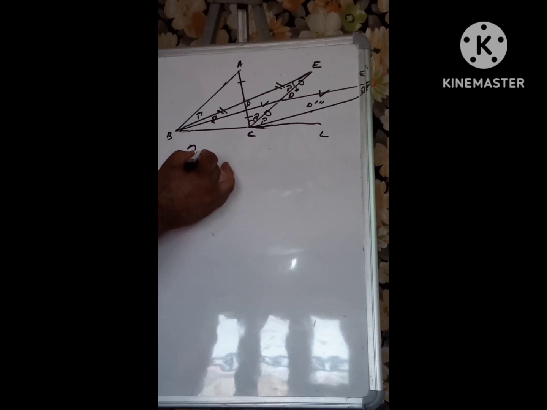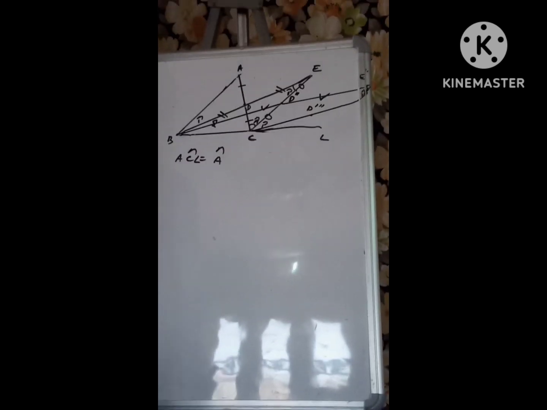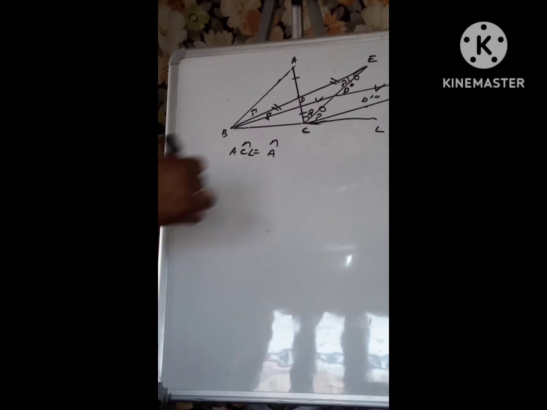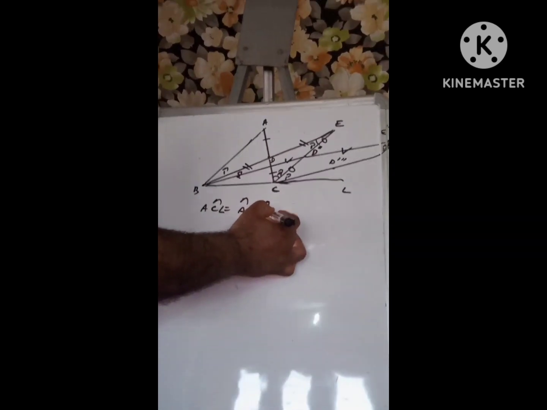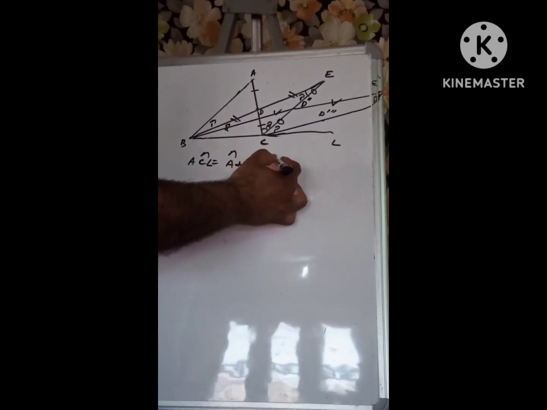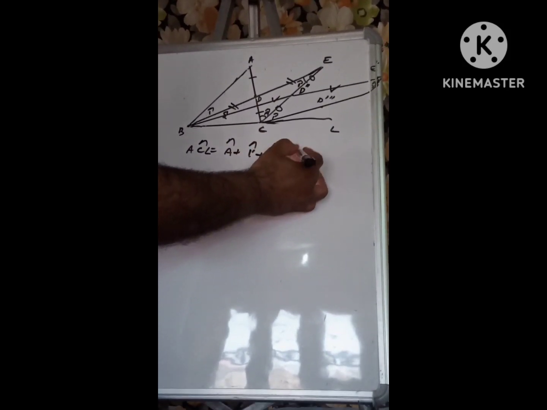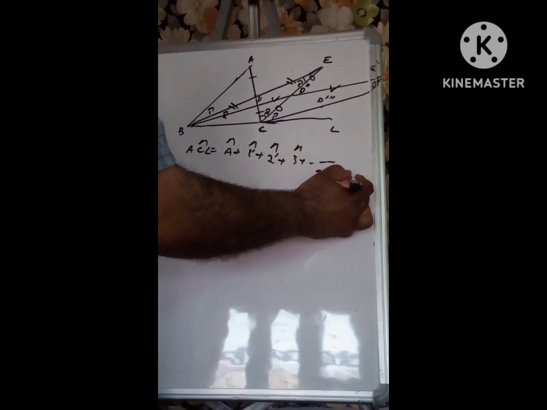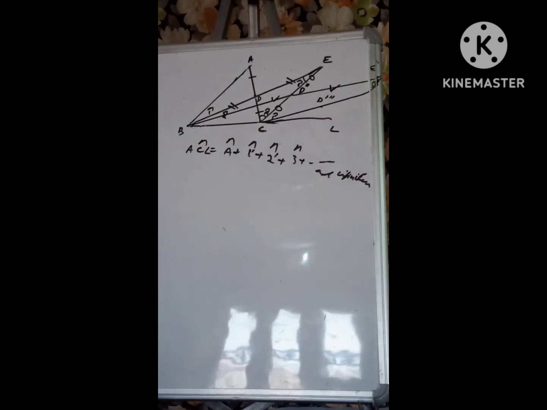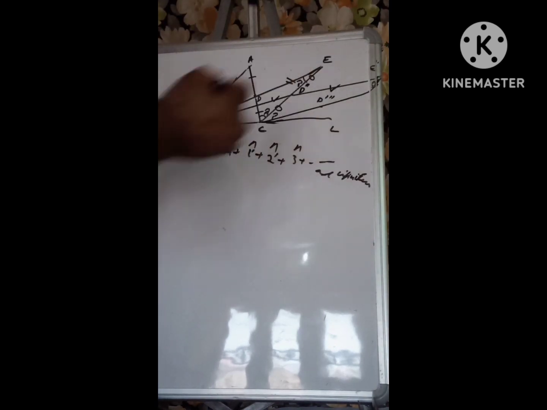Angle ACL, the exterior angle of the triangle ABC, equals angle A plus angle 1 plus angle 1 dash plus angle 2 dash plus angle 3 dash plus ad infinitum. Like in calculus.